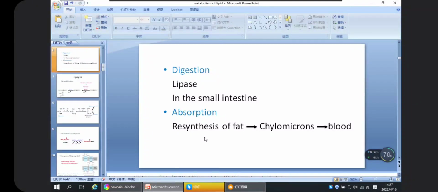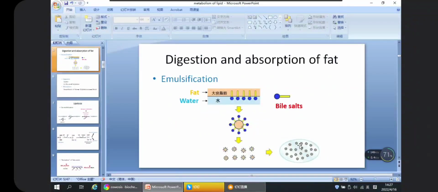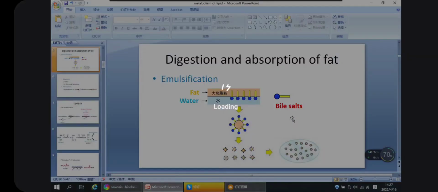But during the digestion of fat, not only enzymes are involved in this process, but here is another very important component, bile salts. The bile salts play a very important role in the digestion of fat. The bile salts can help to break down big fat into small droplets. So here you should remember.